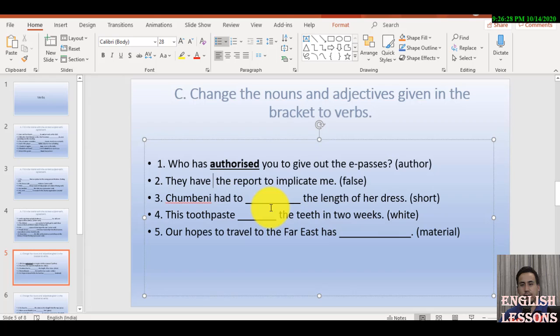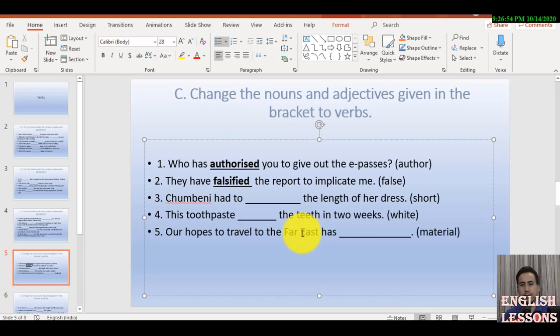And here, they have dash the report to implicate me. The correct answer will be falsified. They have falsified the report to implicate me.